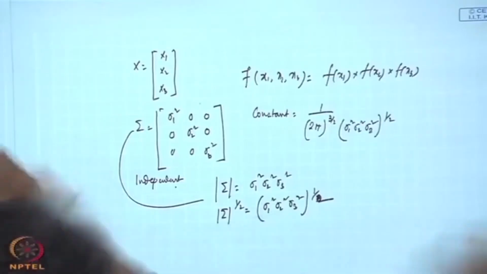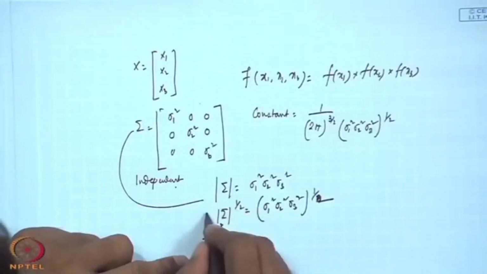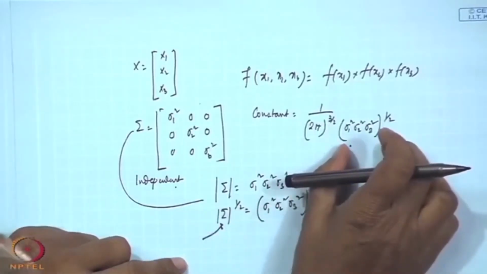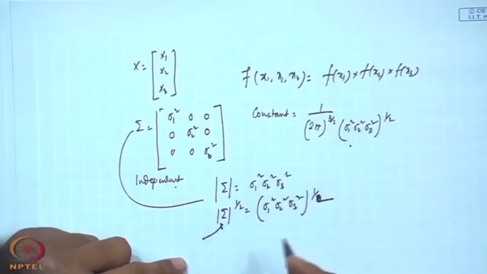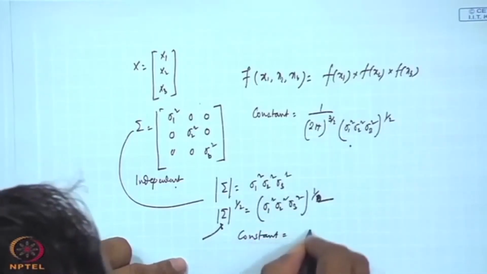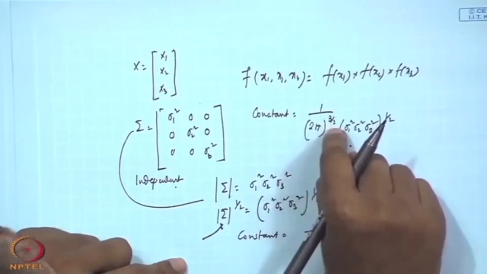So, if you now increase it to p variables, ultimately your sigma dimension will change, and sigma to the power half will take care of one part of the constant. So, if I go to p variables now, my constant will become like this: when there are 2 variables, it is 2 pi to the power 2 by 2.